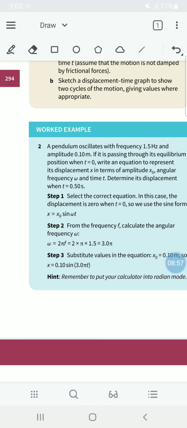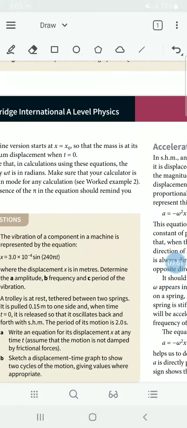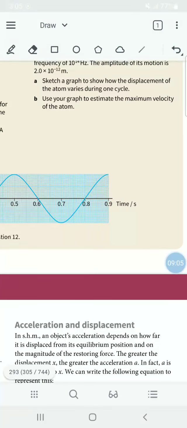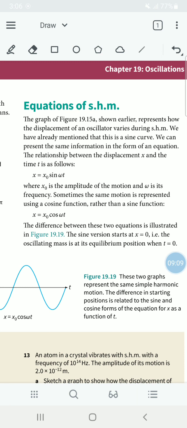You have to practice these questions yourself, then you will understand why it is important to change your calculator into radian mode. Basically it is needed, because we are dealing with radians, not degrees.